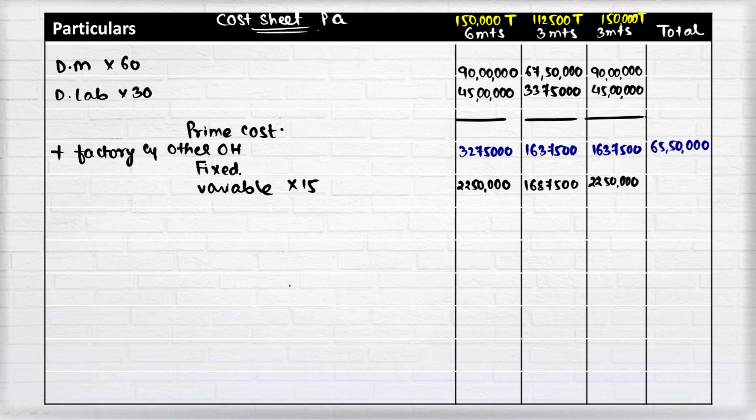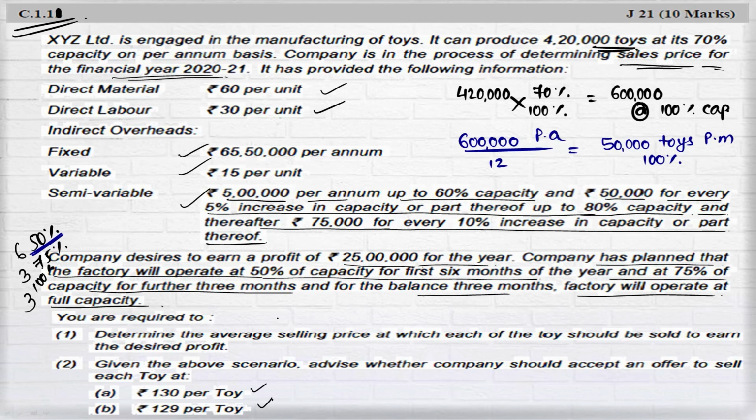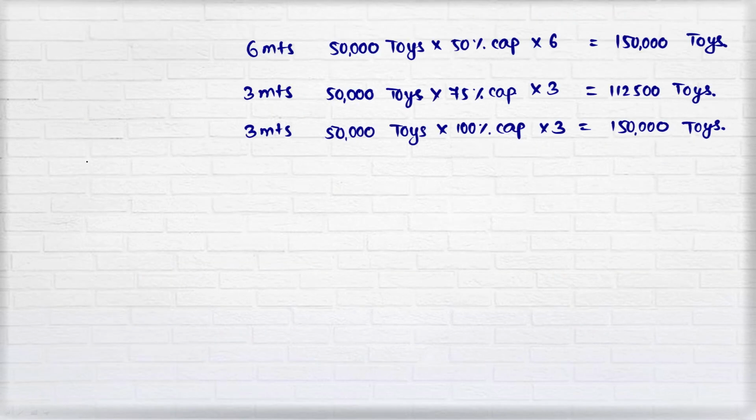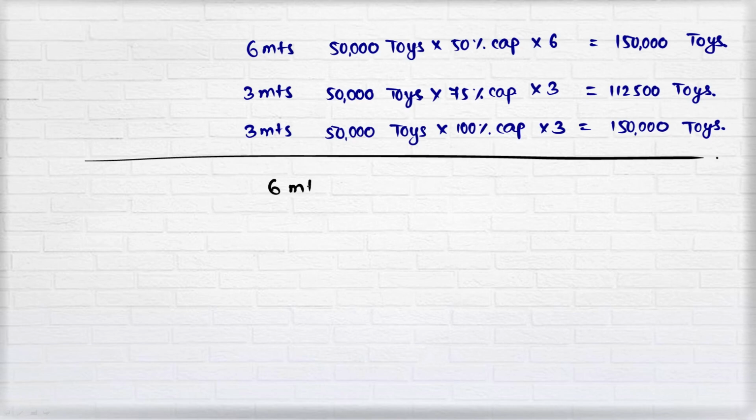And the difficult part, semi-variable overhead. We are doing semi-variable overhead for first 6 months.